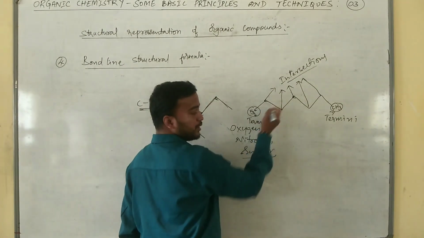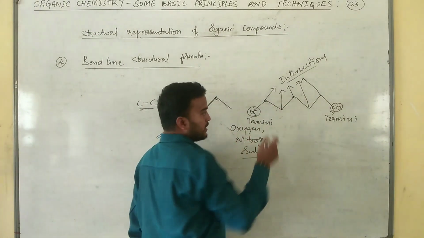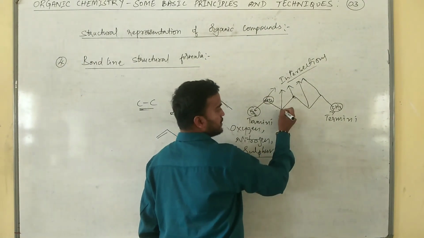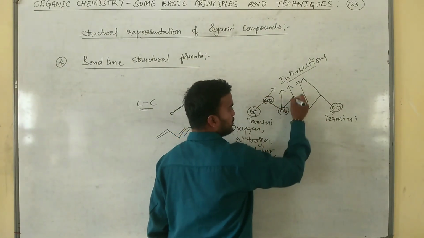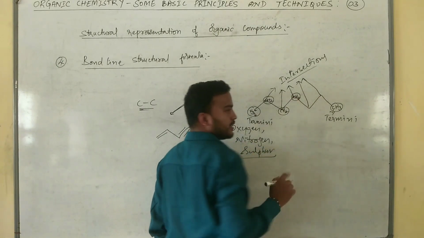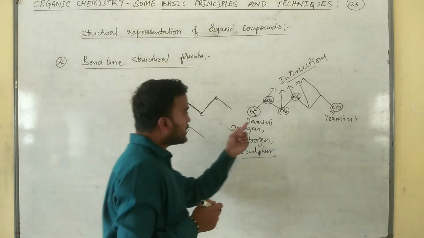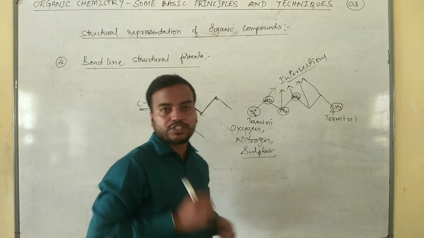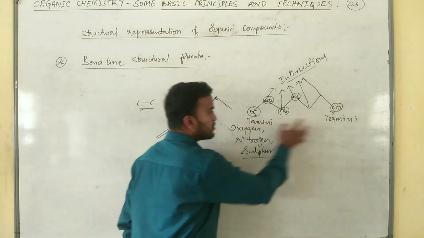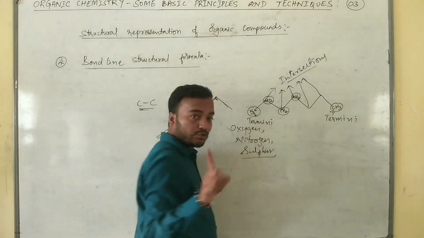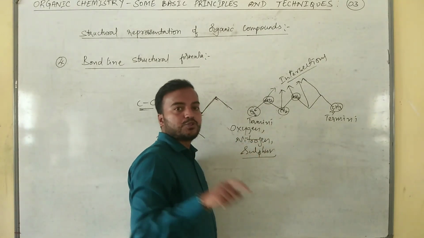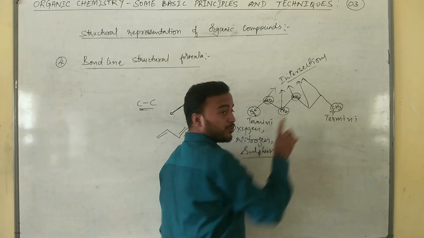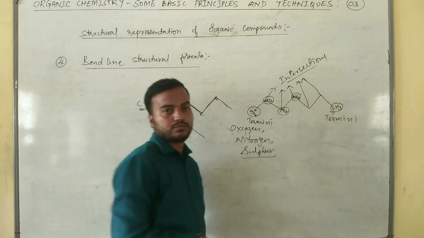This carbon is bonded by 2 bonds. So it needs 2 hydrogens, CH2. Remember one thing, the termini positions represent CH3 groups. Terminal positions represent CH3 groups, and unsubstituted intersections represent CH2 groups.